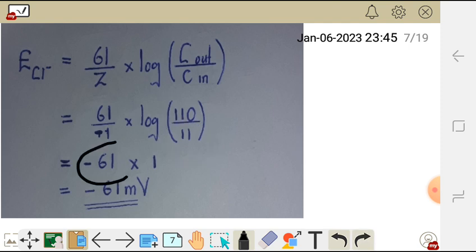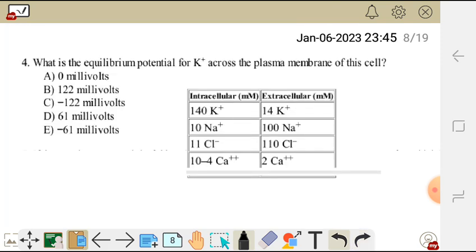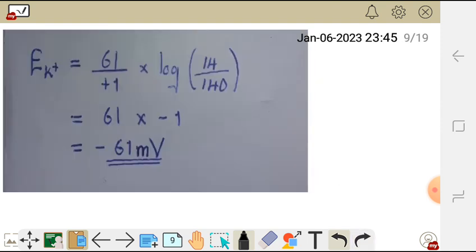So here we're going to have -61, because 61 over -1 is -61, and then log 110 over 11 is 1. So the equilibrium potential for chloride will be -61 millivolts. That's how to get it. So the correct answer will be E. So question 4, correct answer is E. Okay, so we move on to question 5.